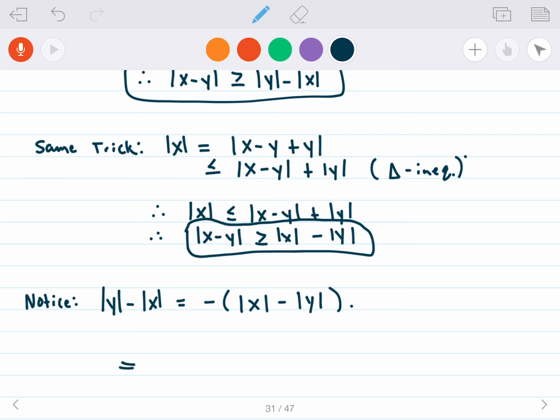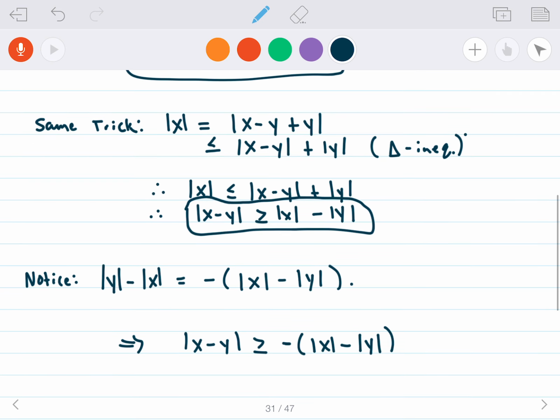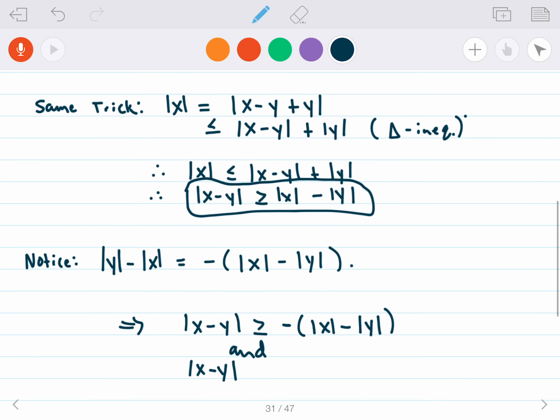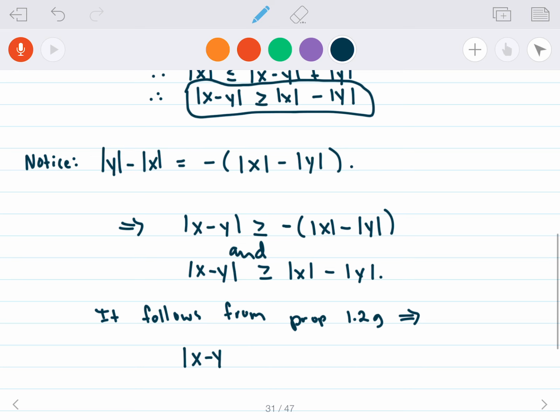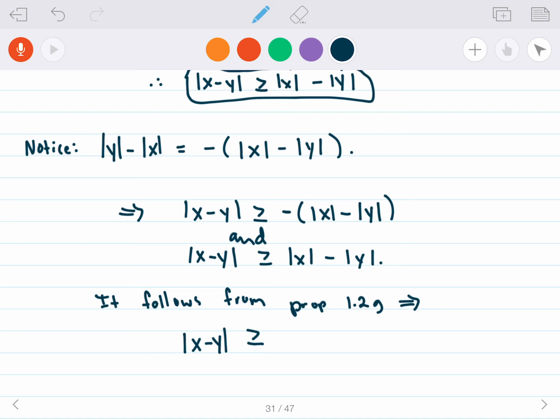So since we know this, it follows, and you should check this if you're not sure immediately, from proposition 1.2g, that the absolute value of x minus y is going to be greater than or equal to abs x minus abs y.